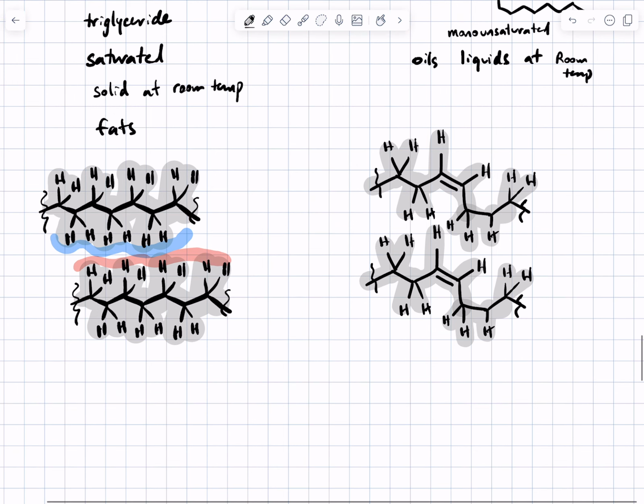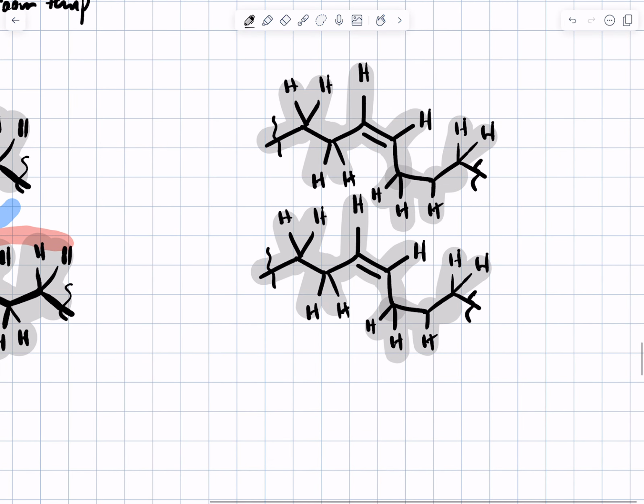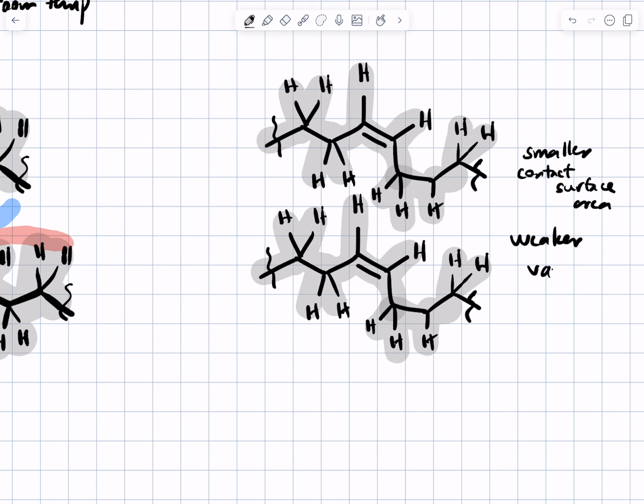It may not be obvious from our drawing, but the presence of the double bonds results in smaller contact surface area, which results in weaker van der Waals interactions.